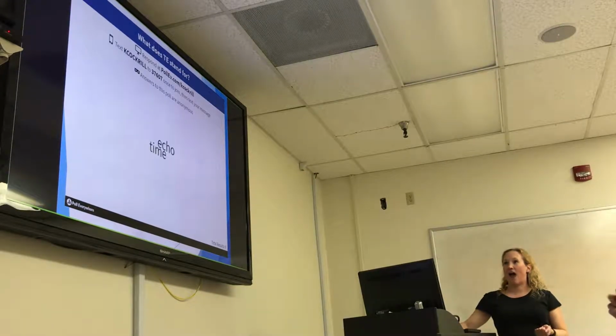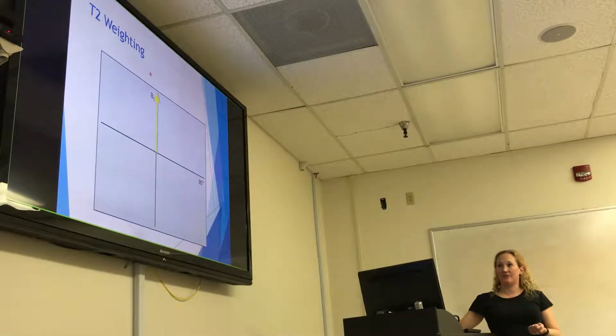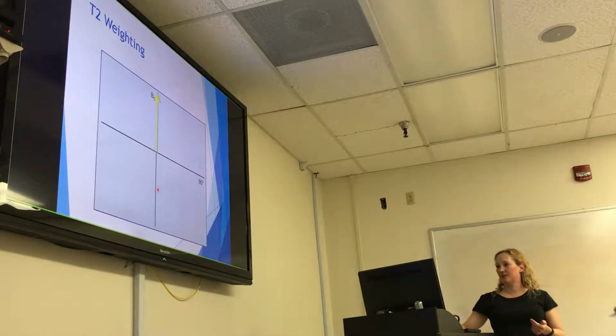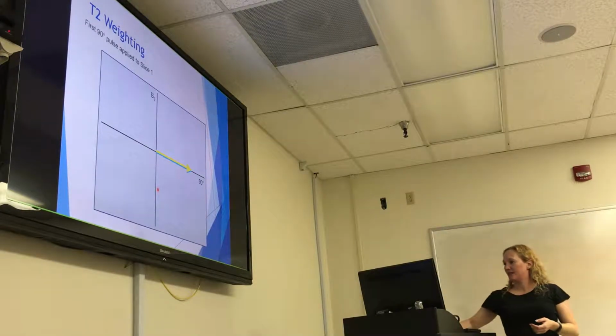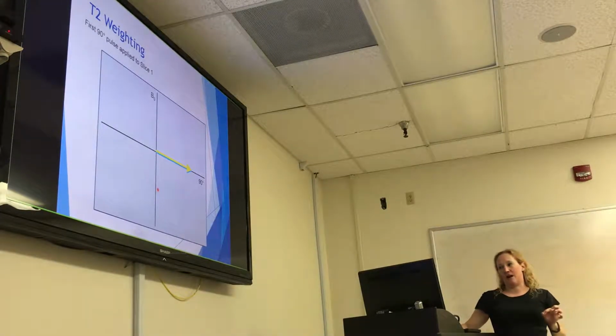So again, let's look at how this actually happens. Here we are, we're starting at B sub 0, everybody's at B sub 0. We flip 90 degrees, it's looking pretty similar, right? But this time what we're talking about is a loss of transverse magnetization due to the dephasing.